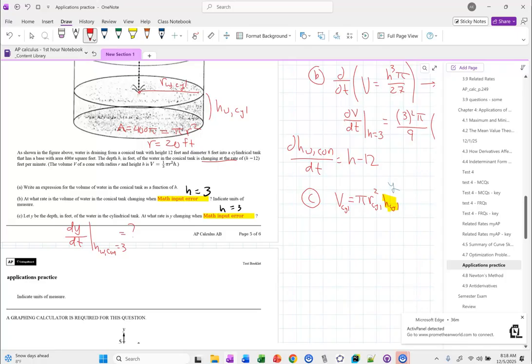All right. So the volume of the cylinder. And I'm going to put water in here just so that it's clear. And I'm just going to call that Y. Okay. So far, so good. What should we do next?